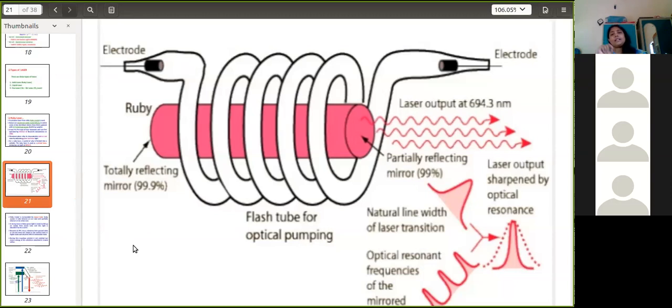This photon stimulates the other radiation. तो अभी ये अगर stimulated emission करेगा, so next जो फोटोन निकलेगा उसका डायरेक्शन, frequency, amplitude, everything will be same with the incident photon.